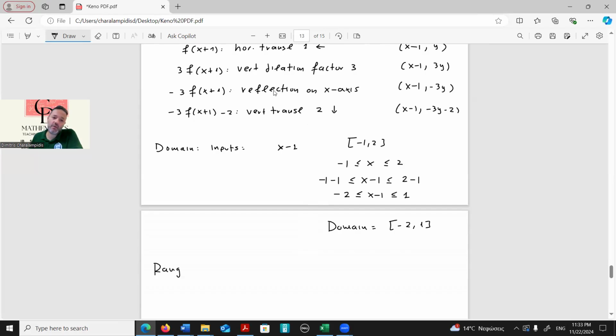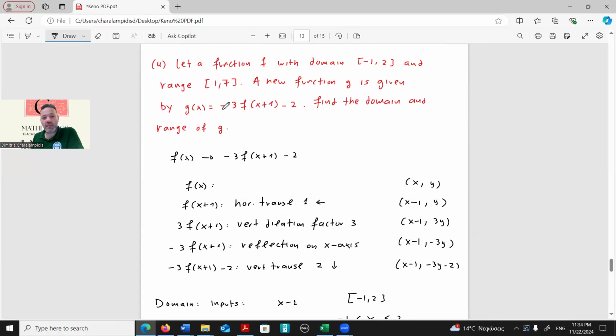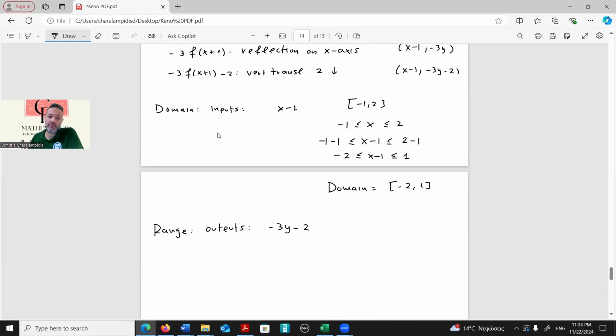Similar for the range, it's about outputs. The outputs in this case are of the form minus 3y minus 2. Since y originally was between 1 and 7, this meant that y's were greater or equal than 1 and smaller or equal than 7. Now I need to recreate all that. I'll create first the negative 3y. Since I multiplied by something negative, the order should change.